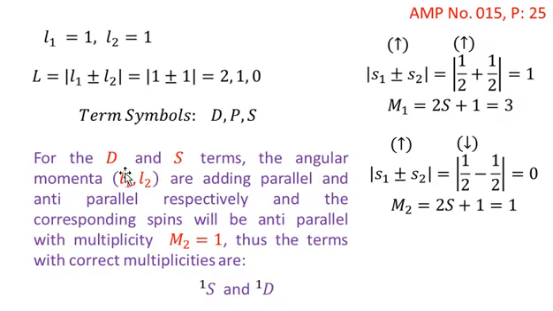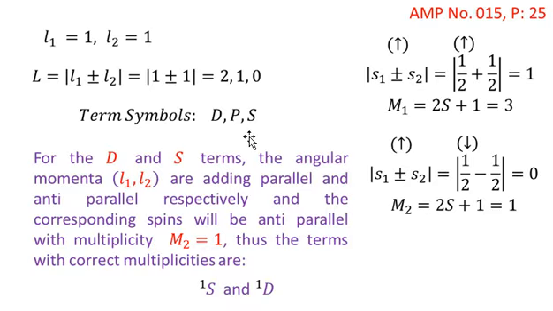So let me read this paragraph first. For the D and S terms, the angular momenta L1 and L2 are adding parallel and anti-parallel respectively. That is, when they are parallel, you get 2. When they are anti-parallel, you will get 0. Corresponding terms are D and S. And the corresponding spins will be anti-parallel, and the multiplicity M2 will be equal to 1.